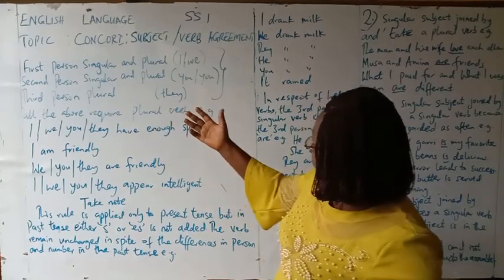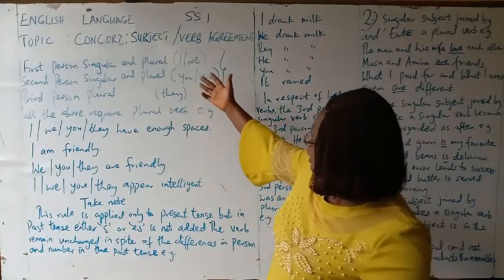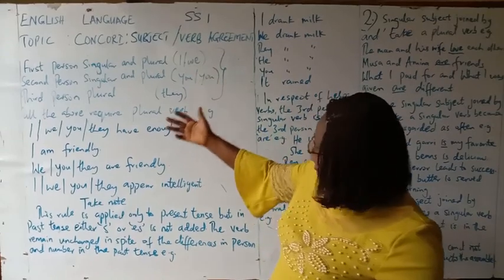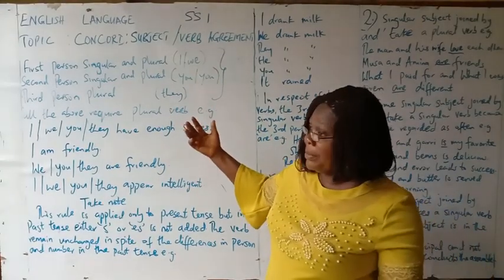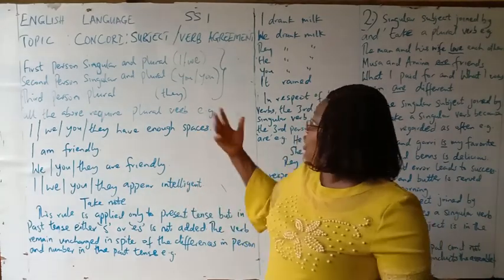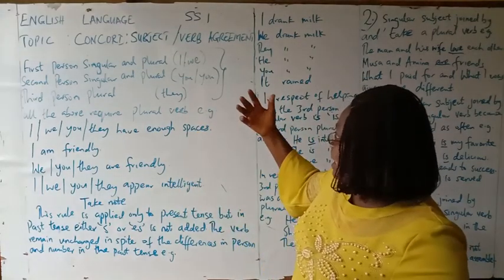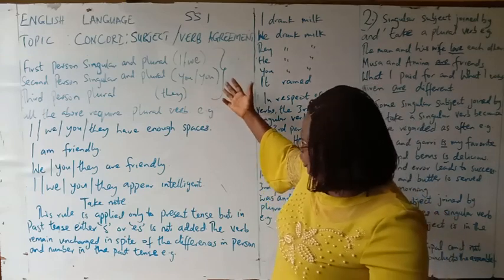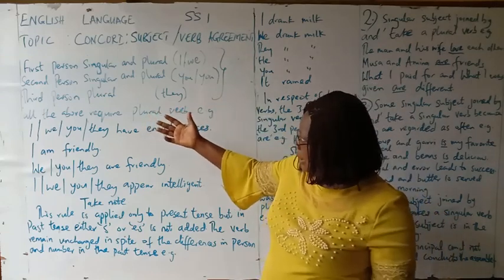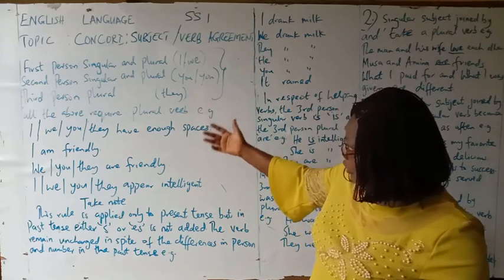First person singular and plural. We have the I and the we. Second person singular and plural. Of course, second person singular and plural doesn't change. You is you any day, anytime. Whether it's in the subject position or the object position, singular or plural, you is still you. Third person plural is they.